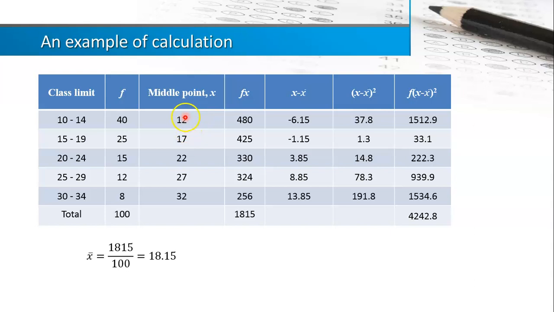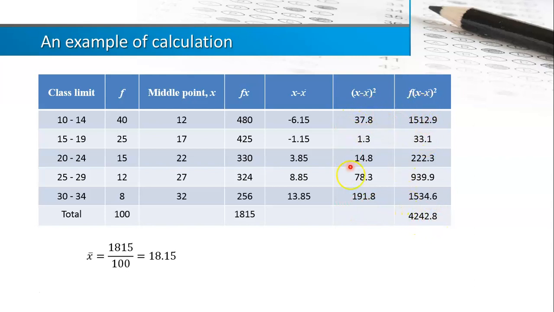So 12 minus 18.15, you get negative 6.15, and so on here. Then you square the differences, x minus x bar, and then you add all of it.